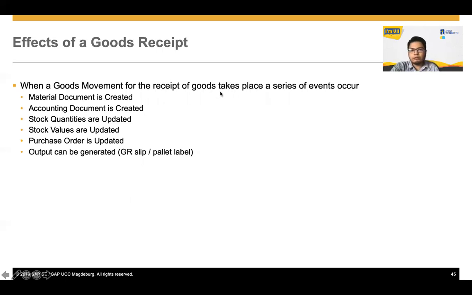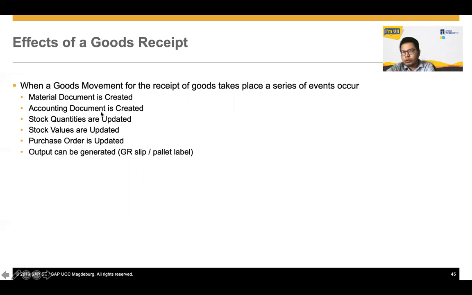Effect of goods receipt: the goods receipt movement could take place in a series of ways. So this is what happens in goods receipt when a material document is created. Basically, the goods receipt will update several things, like the material document is created, the accounting document is created. If we already receive goods, the material came to our house, we need to create the material document.